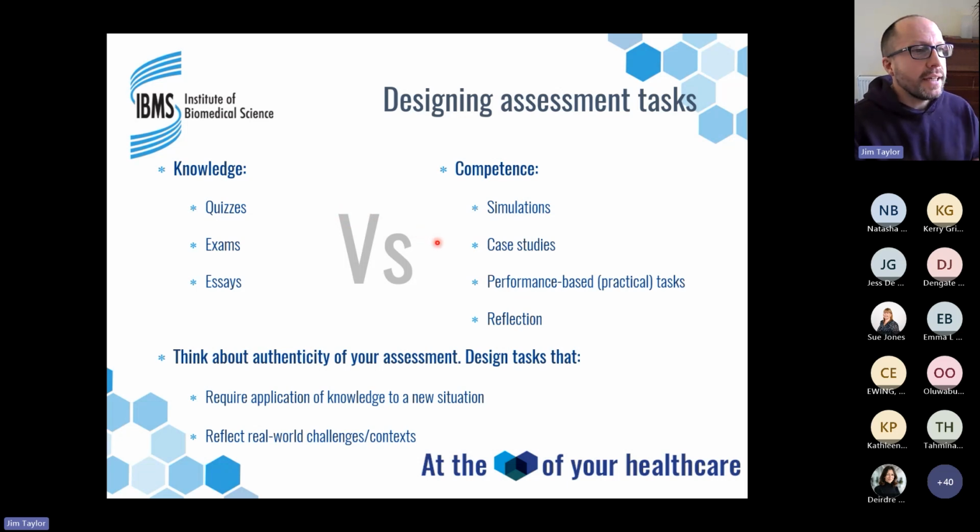So, for example, case studies are really good at assessing competence, but they're not as good at assessing knowledge. Practical tasks, as you would imagine, are really good for assessing competence. They're not great for knowledge. Often you will find that assessments need to bridge this gap between knowledge and competence.